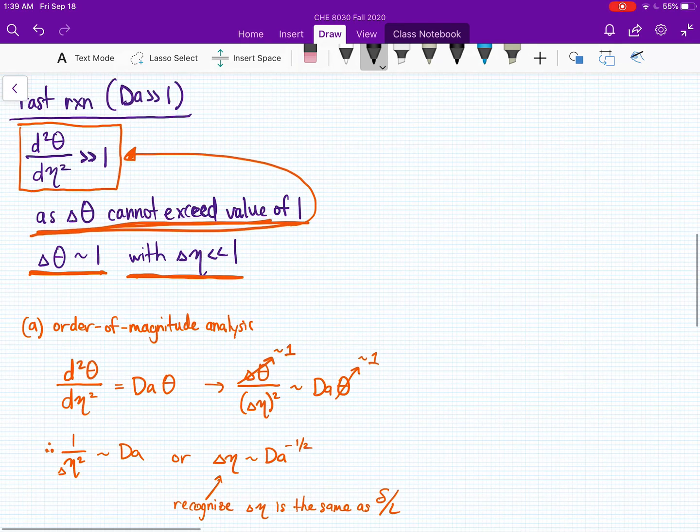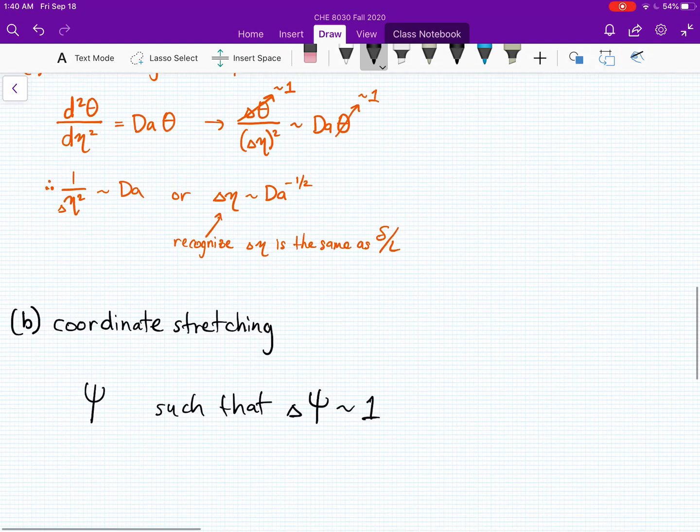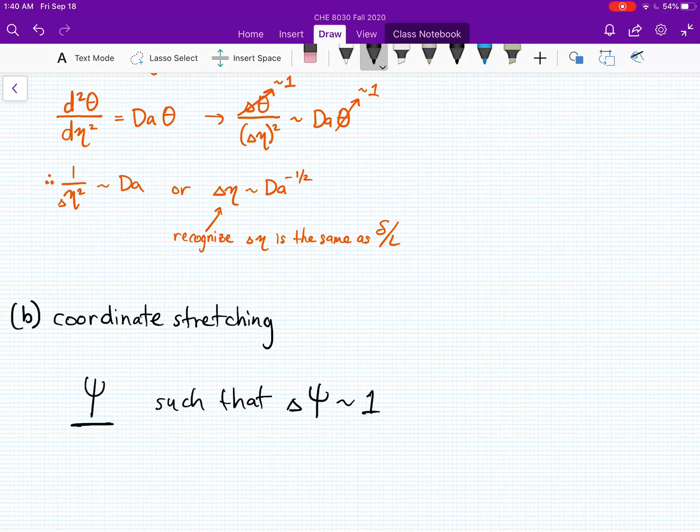Because that's what we don't have currently. Currently, our length scale of delta eta is much, much less than 1 when we have fast reaction kinetics. So we are going to pick a new variable psi, and we would like to have that variable scaled in such a way that our delta psi is on the order of 1 within that reaction zone.